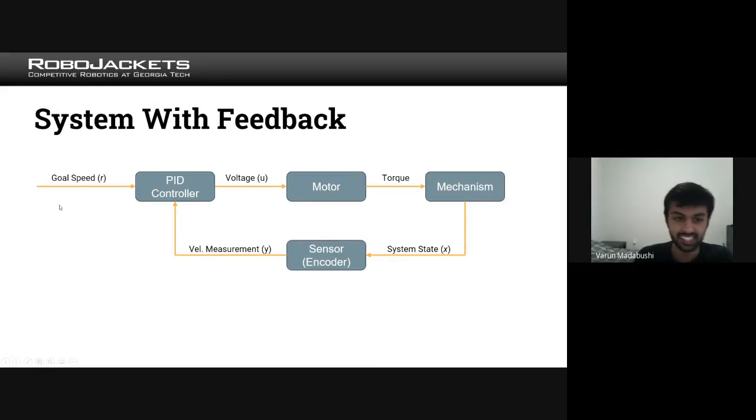So here is an example of a control loop with feedback. You give the goal speed, R, to a PID controller, which I'll explain in a second. The PID controller takes the input of the speed and outputs the predicted voltage. Then the voltage is applied to the motor. The motor then exerts a torque on the mechanism, which could be your robot's drivetrain, for example.